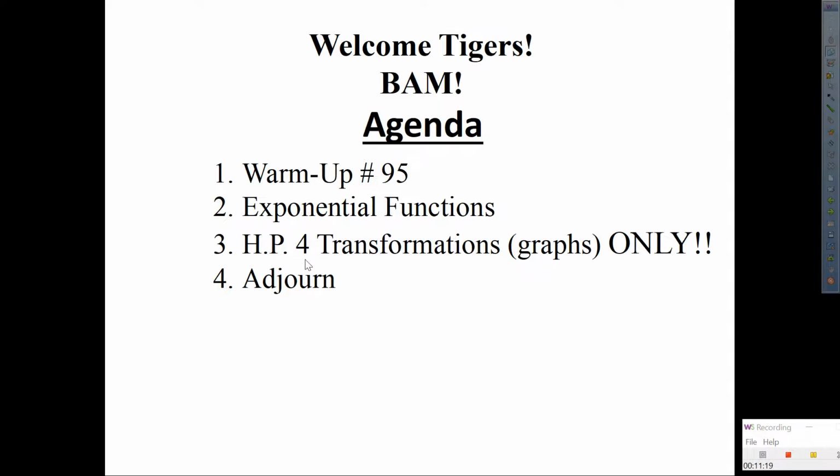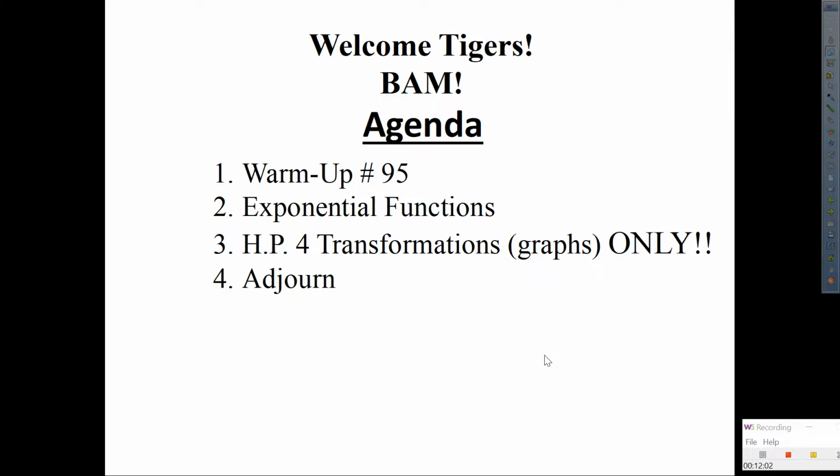And for homework tonight, 4 transformations, and basically they're graphs. Once again, warm-up number 95 we just finished. We're still focusing on exponential functions. Tomorrow we're moving on. And your homework for tonight, 4 transformations, which means the graphs only.